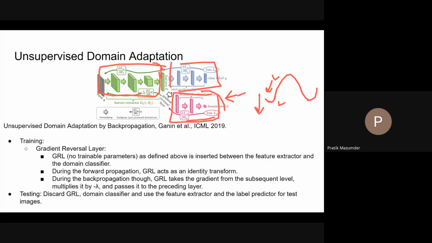But since we have inverted the gradients, these set of parameters will get optimized in order to increase the loss that you're getting for your domain classifier. So you are training both the domain classifier as well as the class label predictor and the feature extractor, but the loss that you're optimizing and how you're optimizing is different for the three subnetworks. Okay.